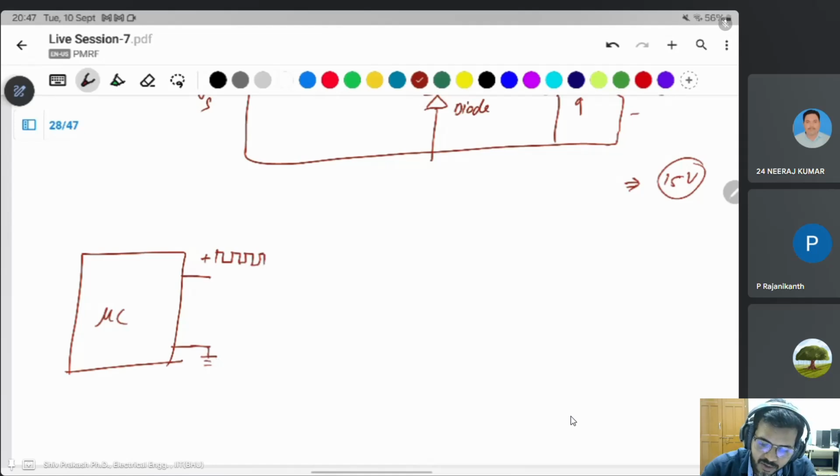This voltage is a maximum of 3.3 volt or 5 volt only. A microcontroller can generate pulses of only 3.3 volt or 5 volt. It can't generate 15 volt pulses. Then how can you generate the 15 volt? You need a driver circuit.